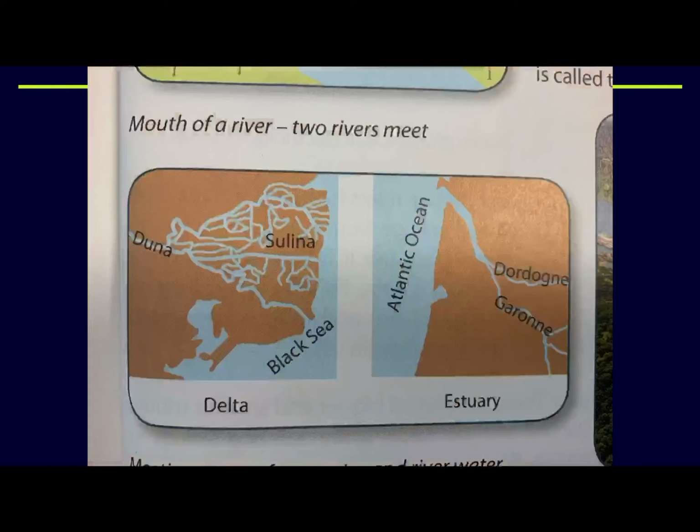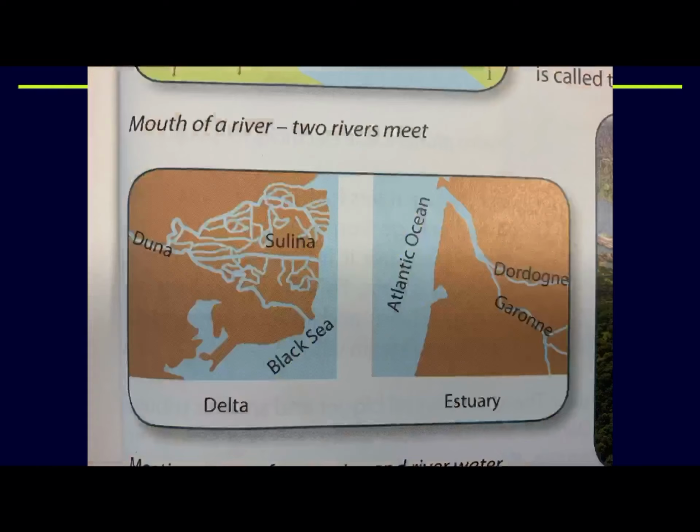Basically the landforms are getting smaller and smaller, and there are less and less slopes, and finally there's a lowland, and then the river can flow into an ocean or a sea.